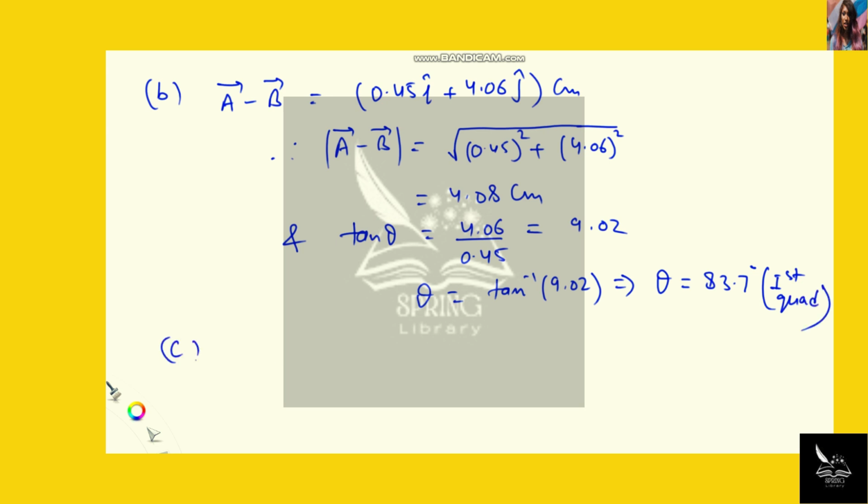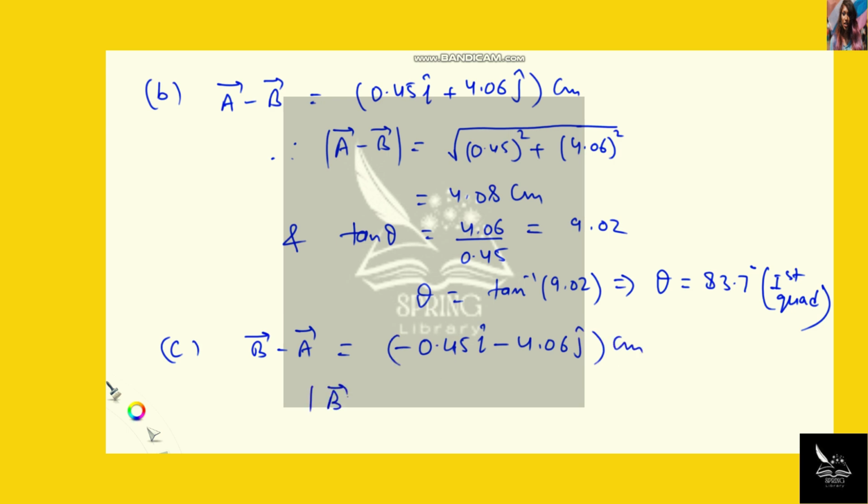Then in the third part of the problem we have to find B minus A now. So it will be reversed, means minus 0.45 i cap and minus 4.06 j cap centimeter.